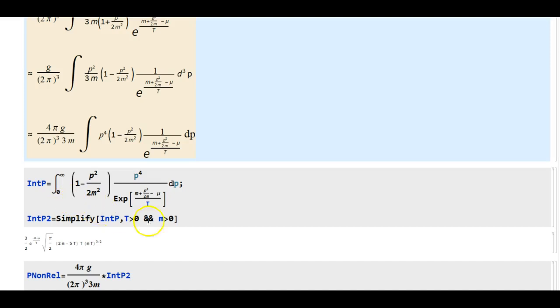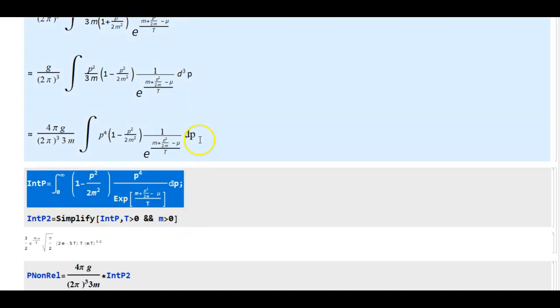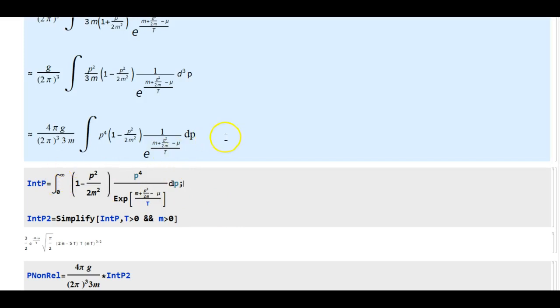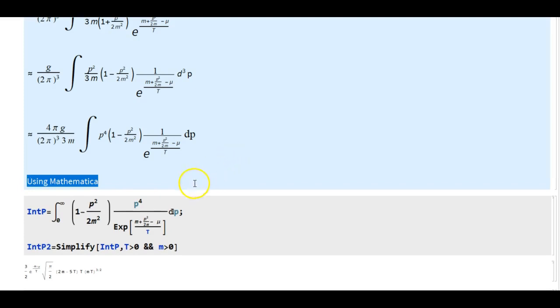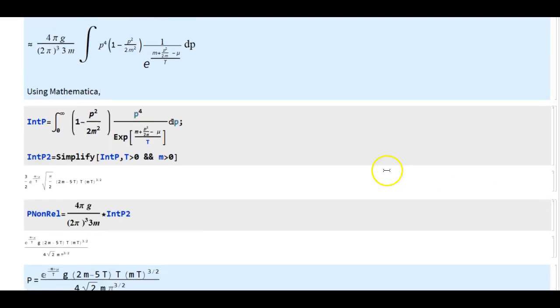You can solve it using Mathematica by just setting up the integral. This is not a course on calculus. By the way, you must have seen these integrals in various forms in your undergraduate course in statistical physics. So the non-relativistic pressure is this.